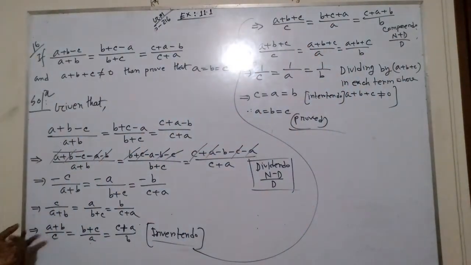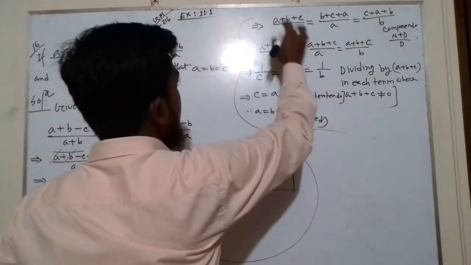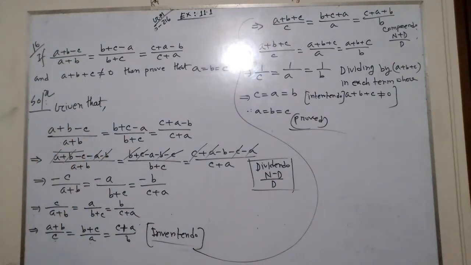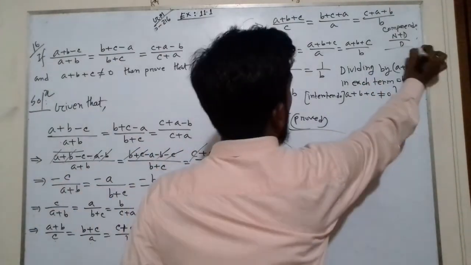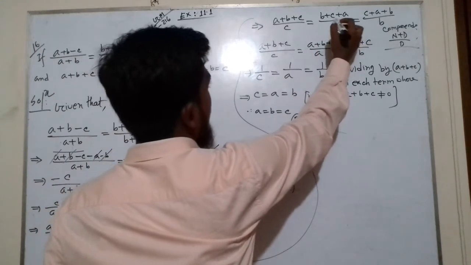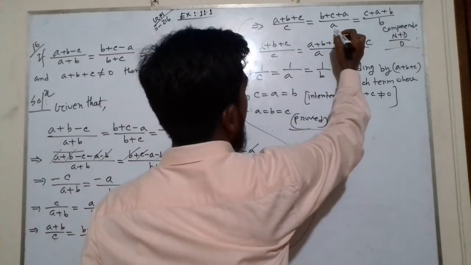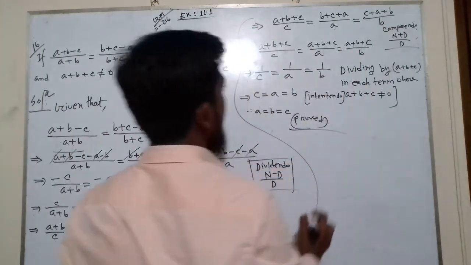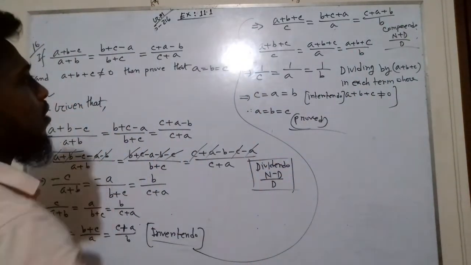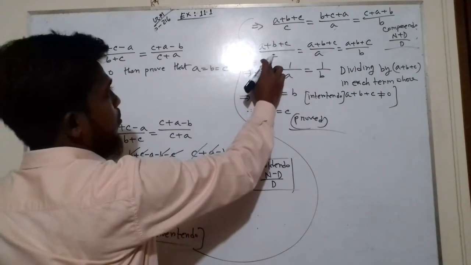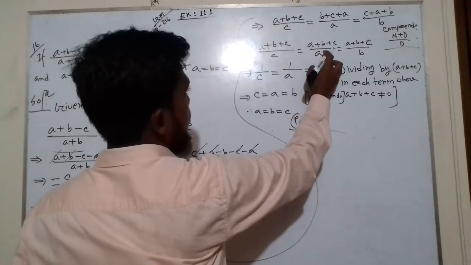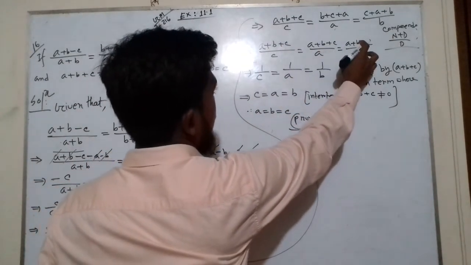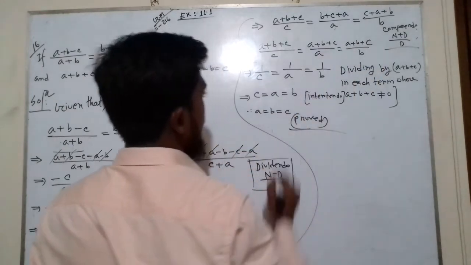Here a plus b is numerator and c is denominator, so we can write a plus b plus c divided by c, numerator plus denominator divided by denominator. So we can write a plus b plus c divided by c equal to a plus b plus c divided by a equal to a plus b plus c divided by b.